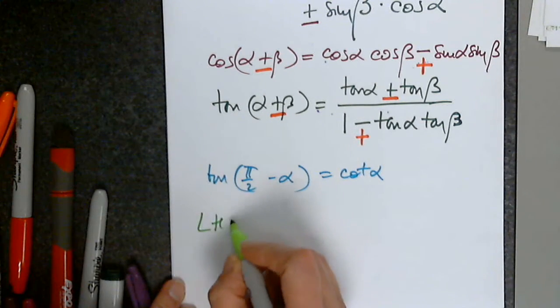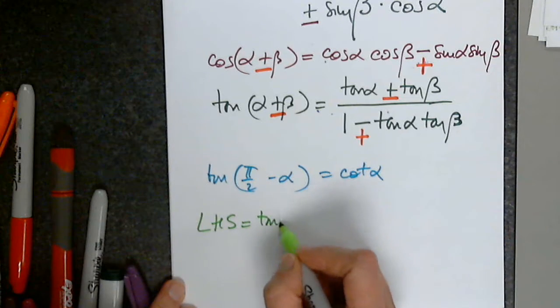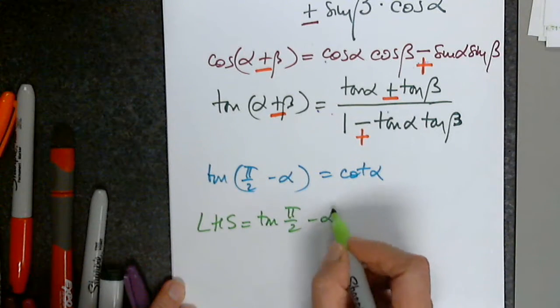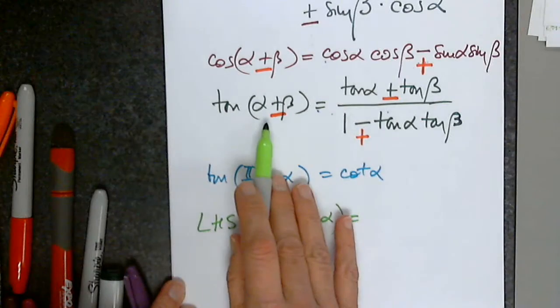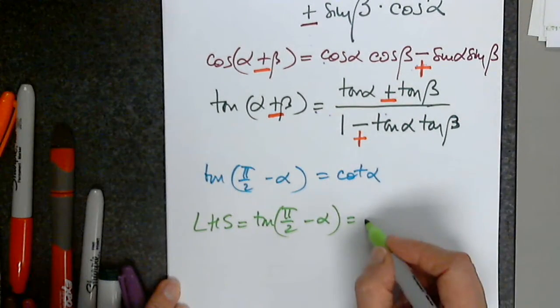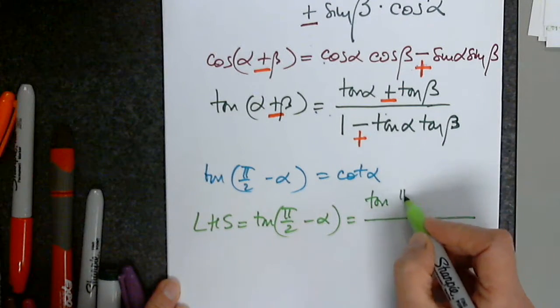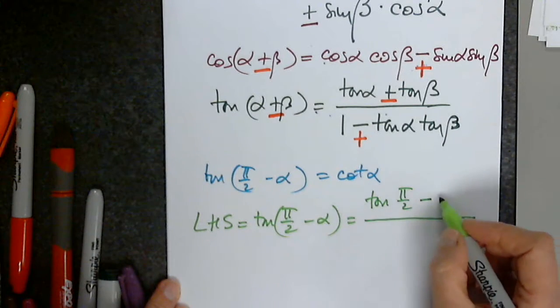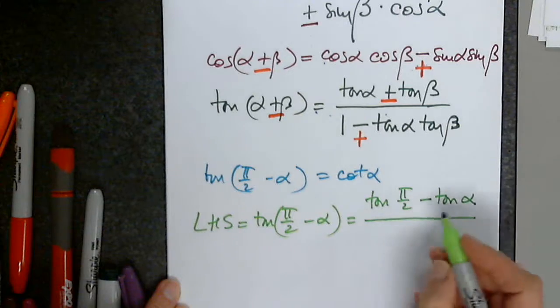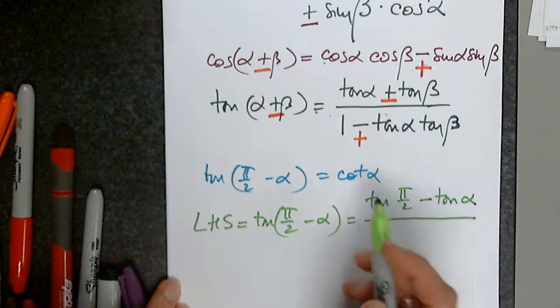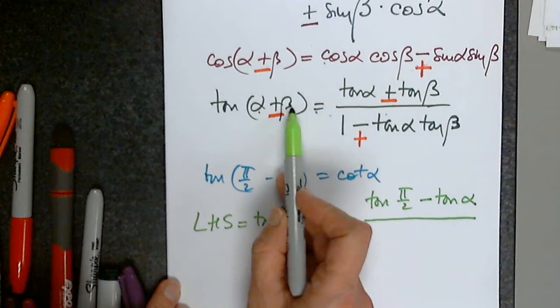Okay, so the left-hand side. Tangent of pi over 2 minus alpha equals, according to the formula, can anyone dictate? Tangent pi over 2 minus... Yes. Right, so this is pi over 2 and this is alpha.